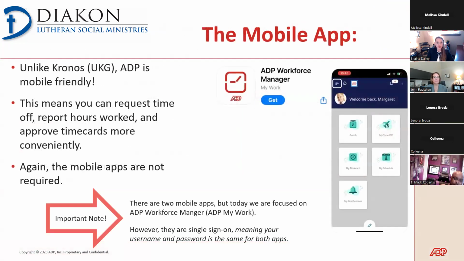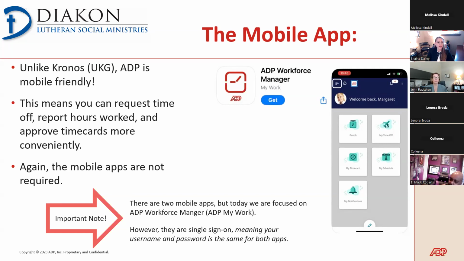As we mentioned early on, there is some mobile functionality with the ADP Mobile App, which is very different than Kronos today. So this does mean that you can request time off and you can even report your hours worked more conveniently. The mobile apps are not required.